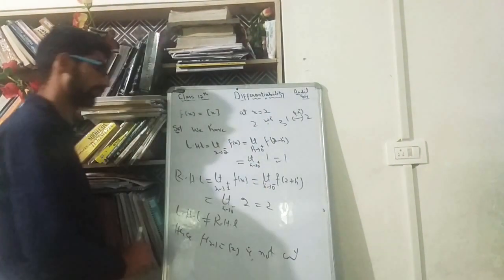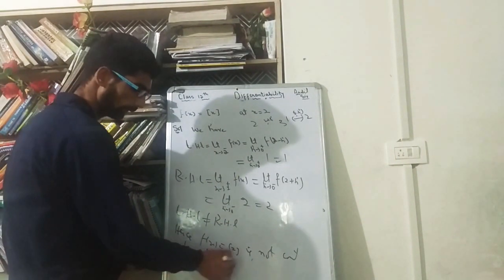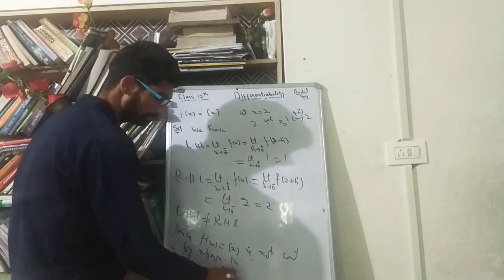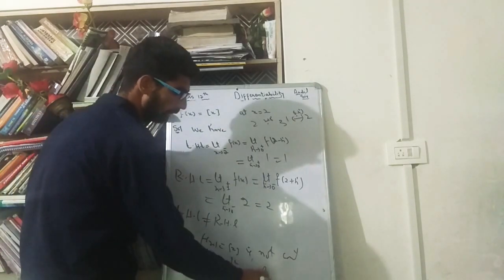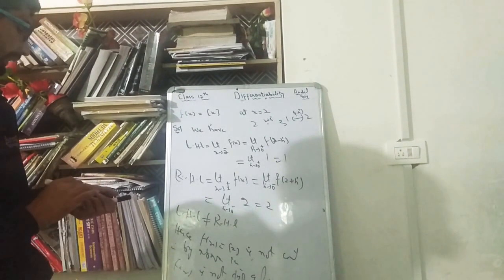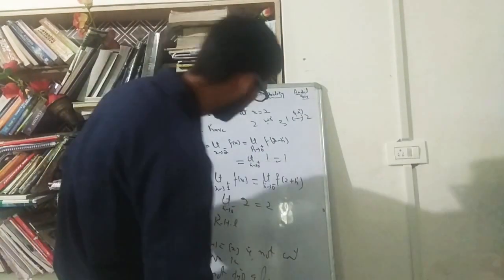And when this is not continuous, therefore by the above theorem which we proved, f of x is not differentiable also. Similarly, you can do more examples and check whether they are continuous or differentiable or not.